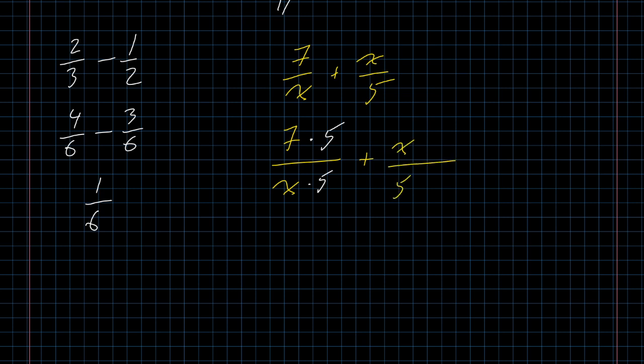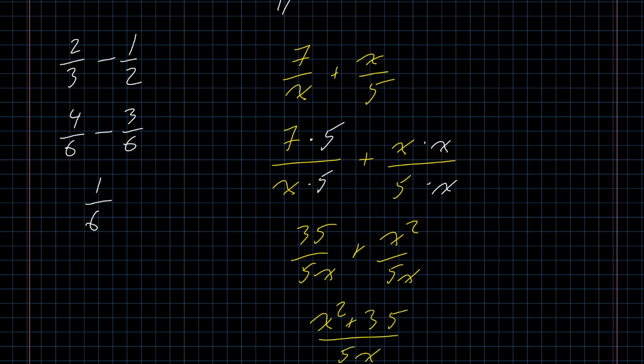I can multiply top and bottom of the second fraction by x, and I get 35 over 5x plus x squared over 5x, which can be combined and becomes x squared plus 35 all over 5x.